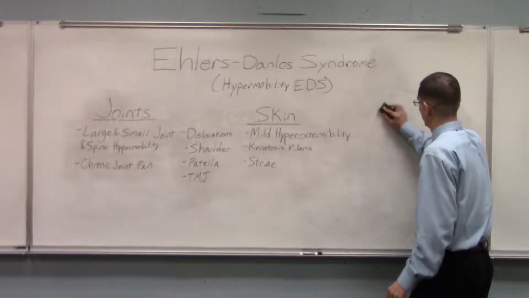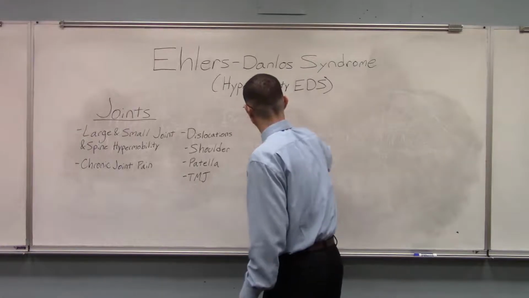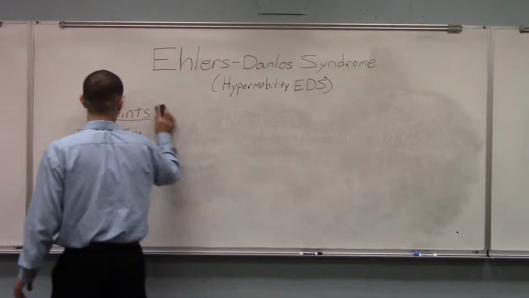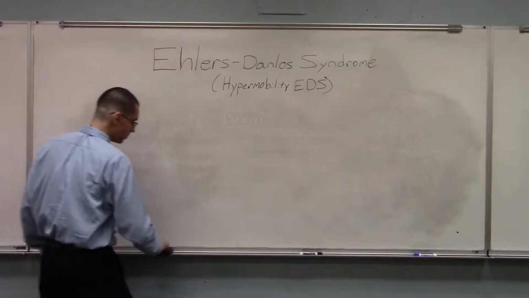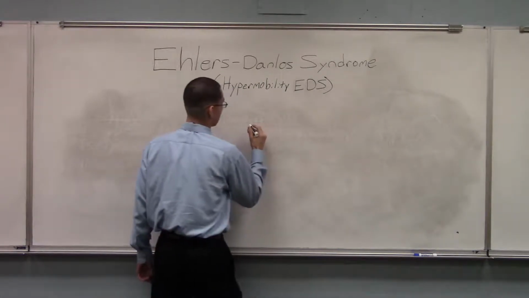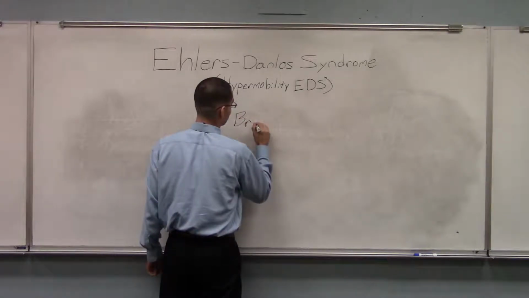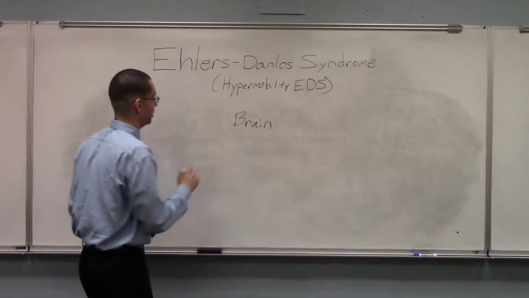Now, let's talk about the 4th site that may get affected in a patient with hypermobility EDS. The brain.